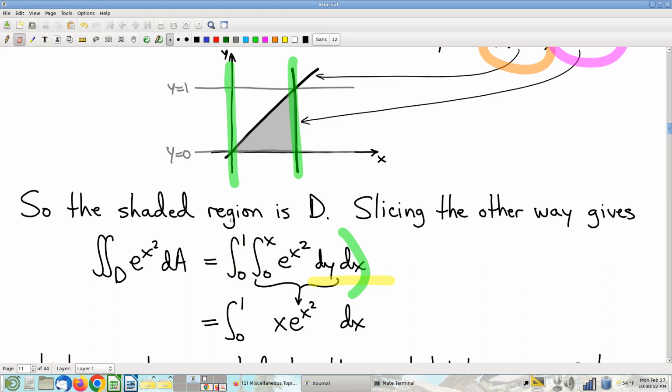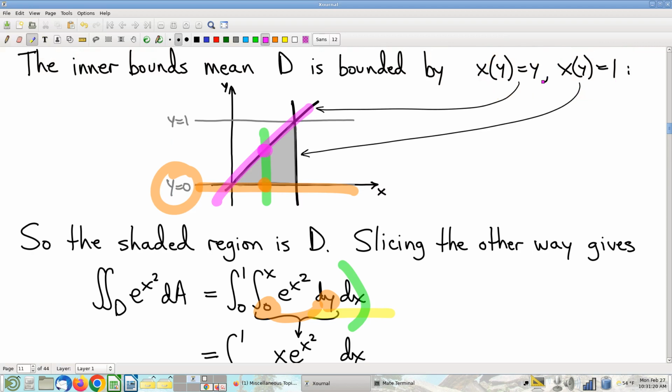Then for any given value of x, such as this value of x, my starting value of y, y equals 0, is my inner bound, my lower bound. And then the upper bound is going to be this point, which is on that curve, y equals x, which I have written down somewhere else over here.